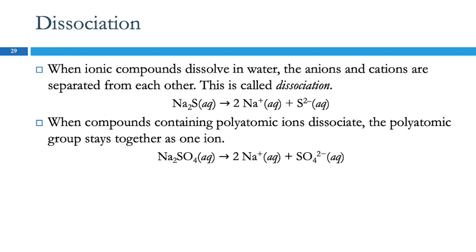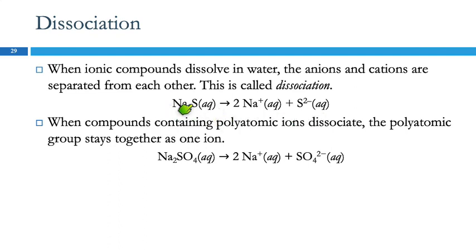So when ionic compounds dissolve, the anions and the cations separate from each other. This isn't called ionization because they were already ions, but it's called dissociating because they're moving away from each other. So this is an ionic compound, Na2S, and all these ions are going to separate from each other.